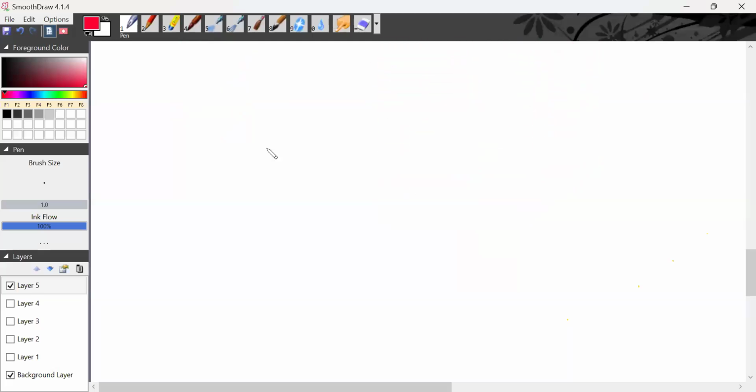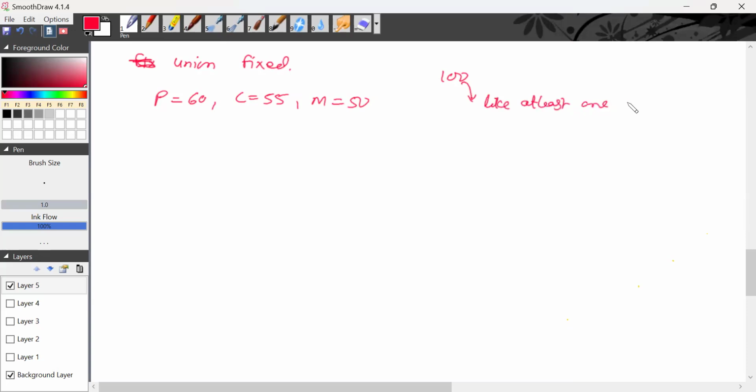Now what if the question says wherein the union is fixed? Can we apply the same method? Yes, बहुत simply apply कर सकते हैं. Let us take the same example. Physics is 60, chemistry is 55, mathematics is 50. The total number of students is 100, and it also says that all 100 people like at least one of these subjects.